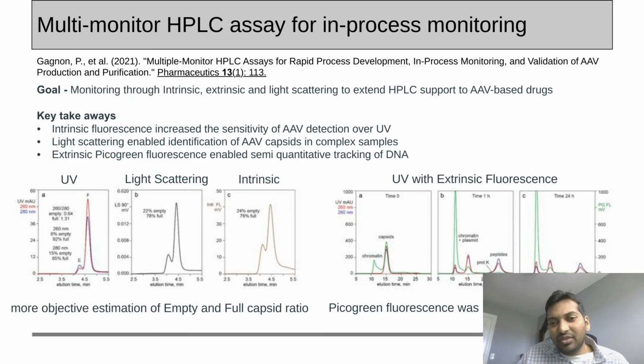Using UV, they show that the UV itself is not able to pick up any chromatin in the first chromatogram.